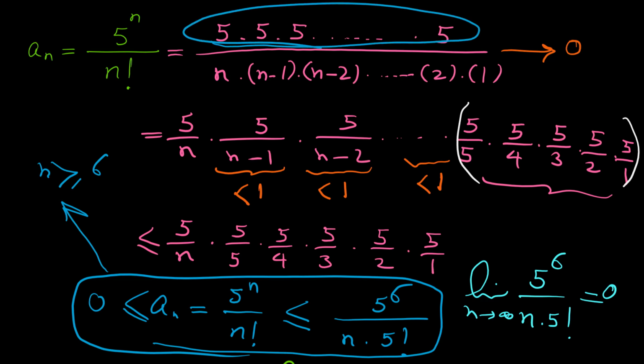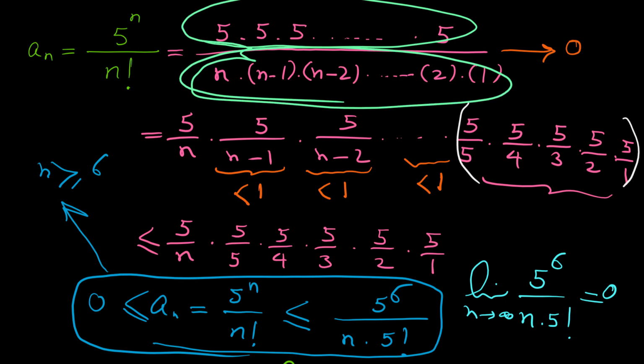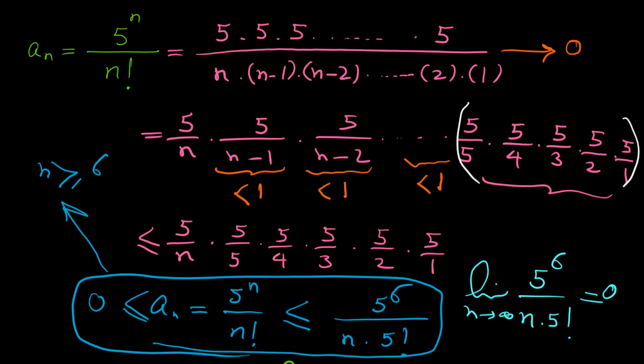If, for example, n is 1, do we have 5 times 5 times 5 times 5 times 5 in the numerator? No, we have just one 5 in the numerator. But because here our aim is to find the limit at infinity, we can suppose we have many 5s in the numerator and many terms in the denominator. So there should be no problem writing this inequality.